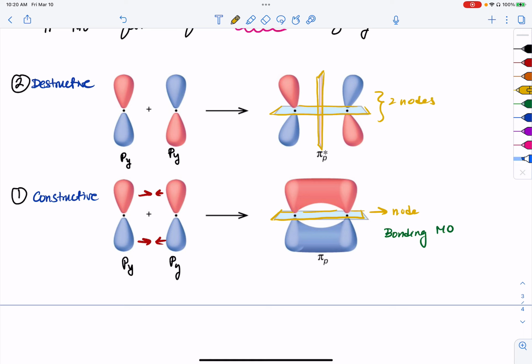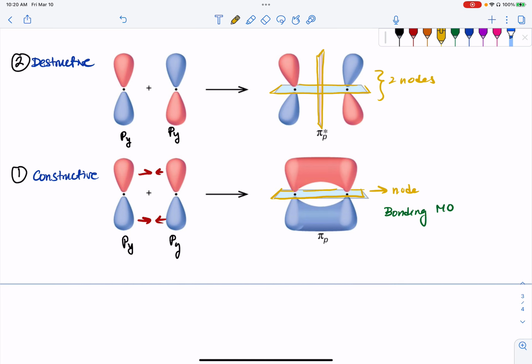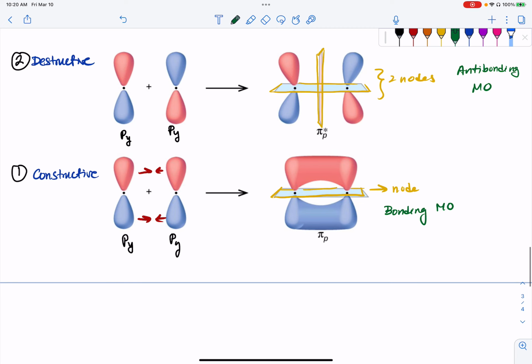And because this molecular orbital is the result of our destructive linear combination, this is our antibonding molecular orbital and is thus higher in energy than our bonding pi orbital. So if I wanted to be specific here, we could call this our pi py and our pi star py.